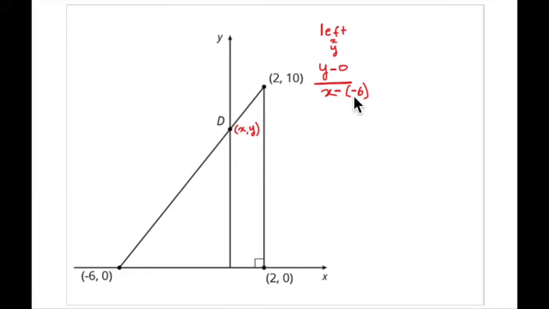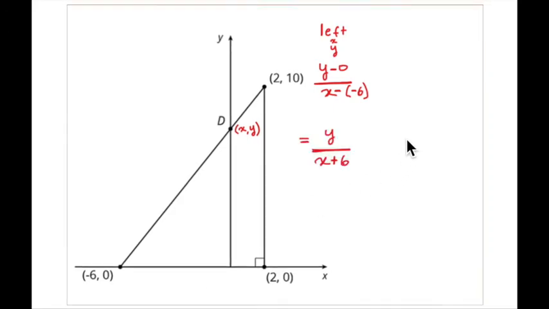So this equation becomes y, the number of units in the vertical direction is y right here, but the number of units in the horizontal direction is actually whatever this x value is plus 6, because you have to figure out that these are 6 units here that get added.